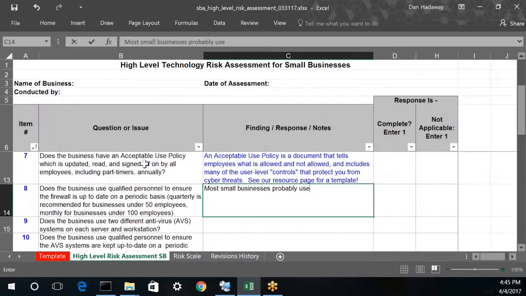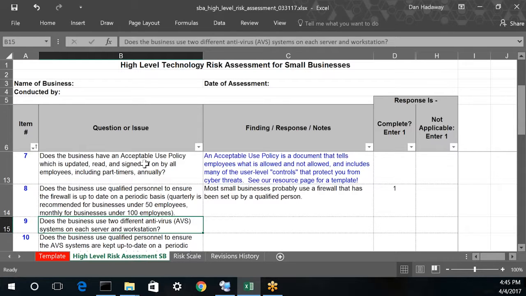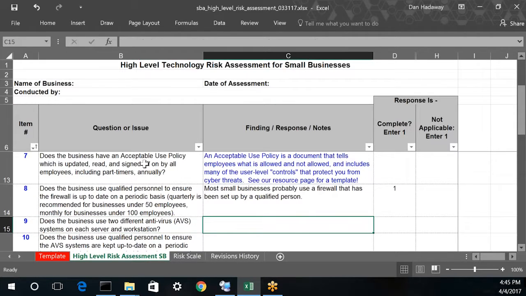You should have used qualified personnel to set up your firewall. Now, I feel like most small businesses probably use a firewall that has been set up by a qualified person. And so I'm going to say that, yeah, we'll probably give you one there.